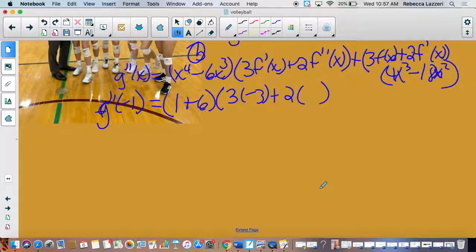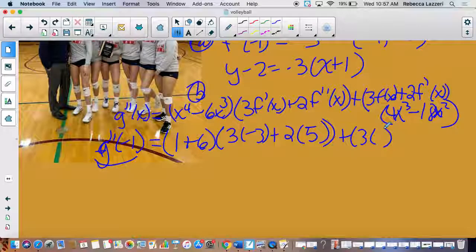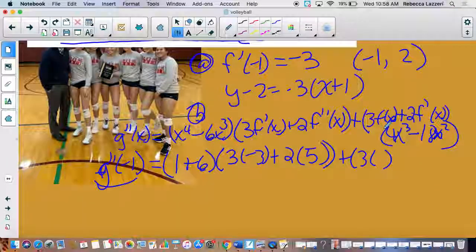And notice that my AP reader can grade this because I'm telling them exactly what I'm doing. All right, then this is plus 3 times f of -1 was 2.